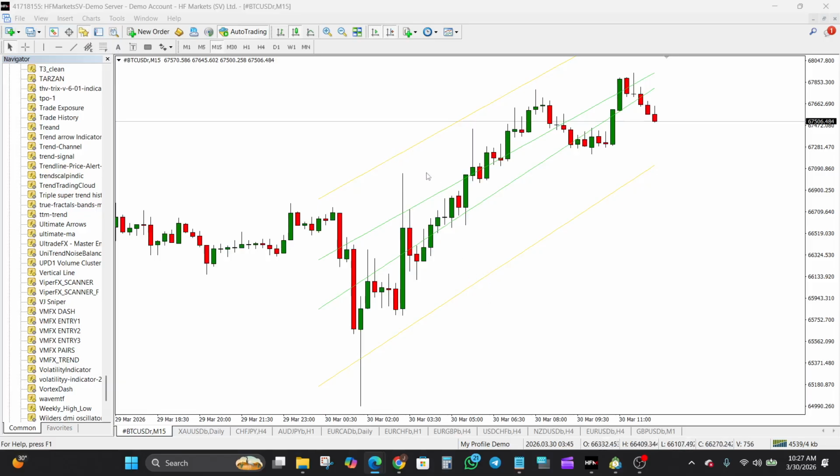On the other hand, the lower channel's trend lines represent higher lows and lower lows of the market, right? That is how the trend lines are formed.